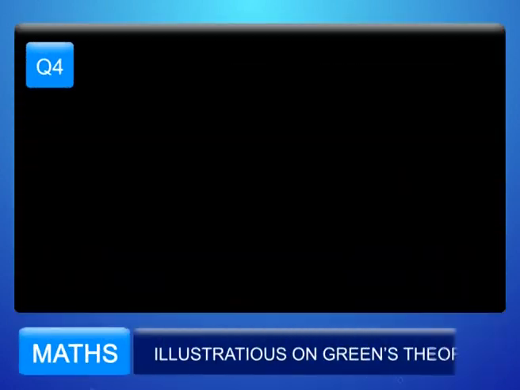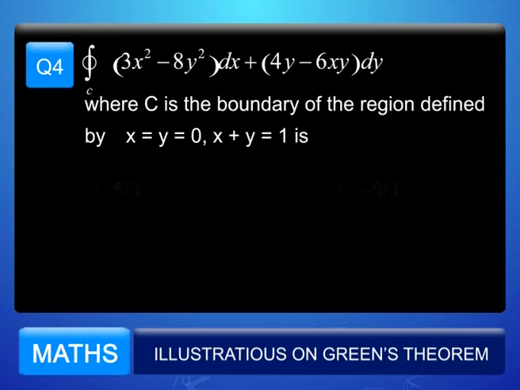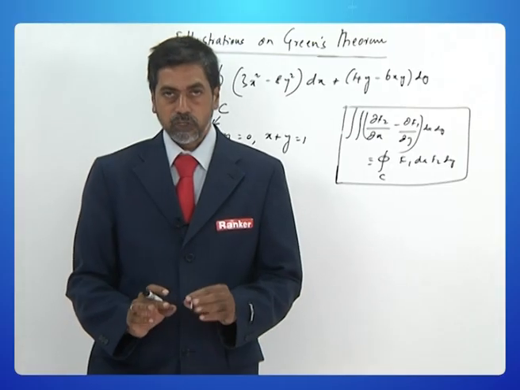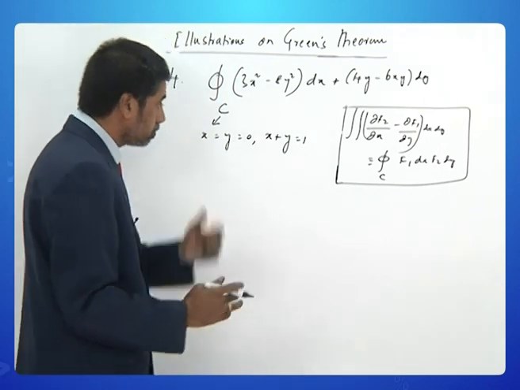What is the output of the closed line integral (3x² − 8y²) dx + (4y − 6xy) dy, where C is the boundary of the region defined by the lines x = 0, y = 0 and x + y = 1? First, let us draw the region of integration.